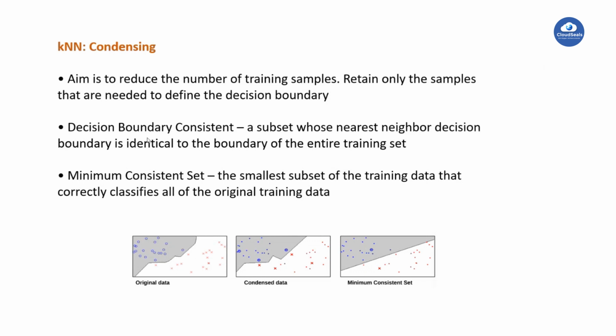By increasing more data or adding some more features. Decision boundary consistent: a subset whose nearest neighbor decision boundary is identical to the boundary of the entire training set. That is the condensed data.